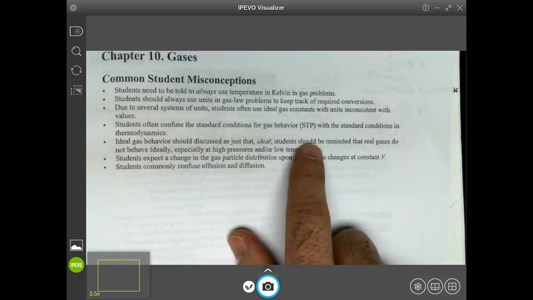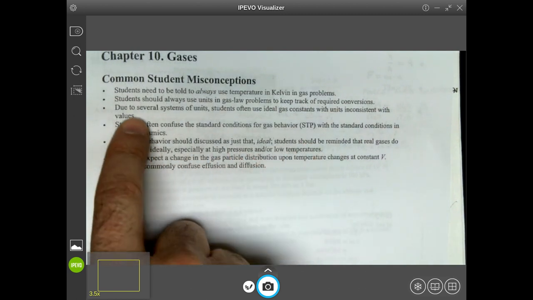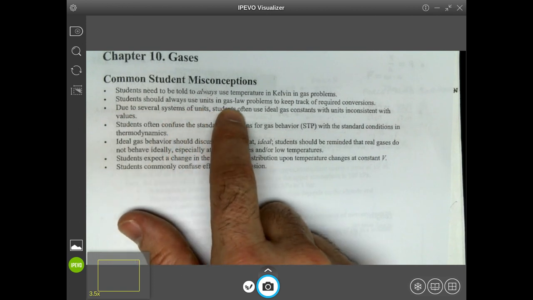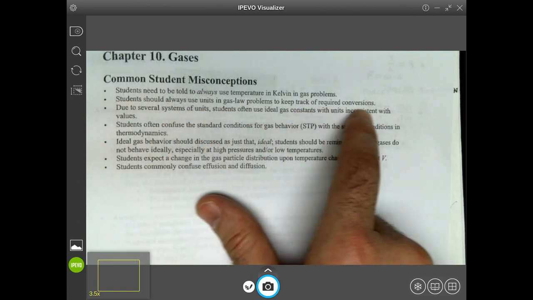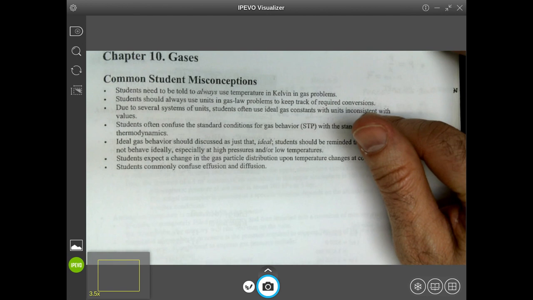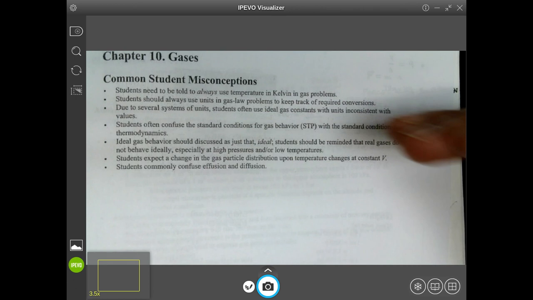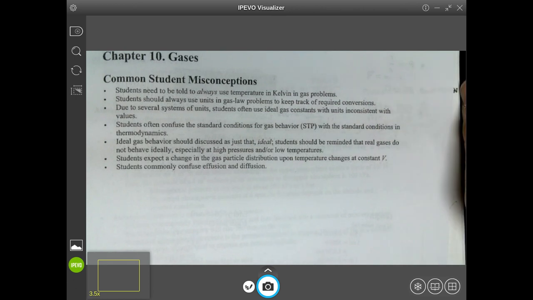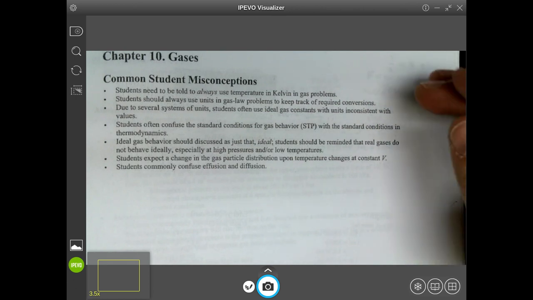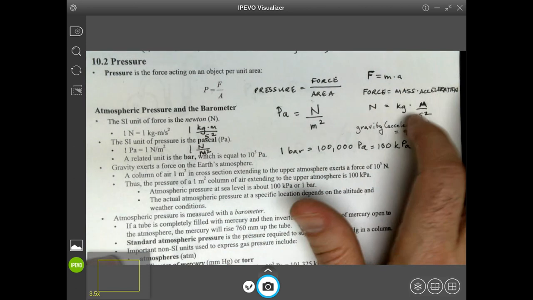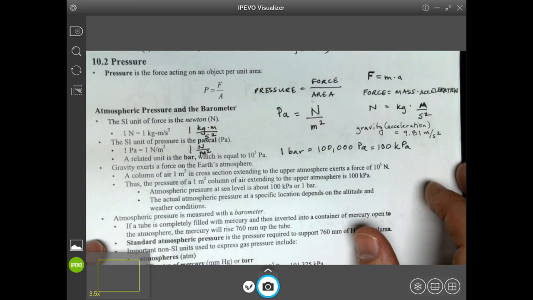And one of the things they have on here is students should always use units in gas law problems to keep track of required conversions. So it was important in thermodynamics. It's even more important in the gas law stuff, because the things have to go in very specific units in order for them to work out the way that you want or need them to.